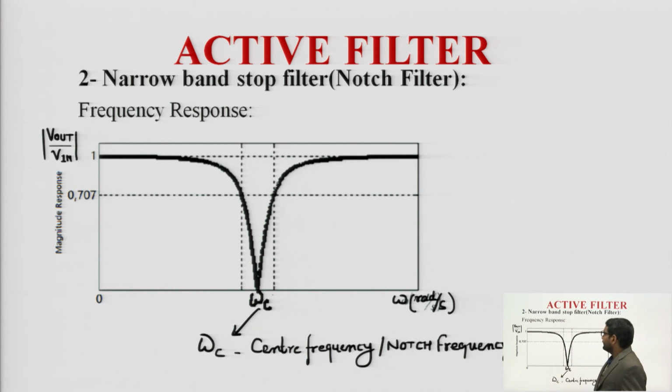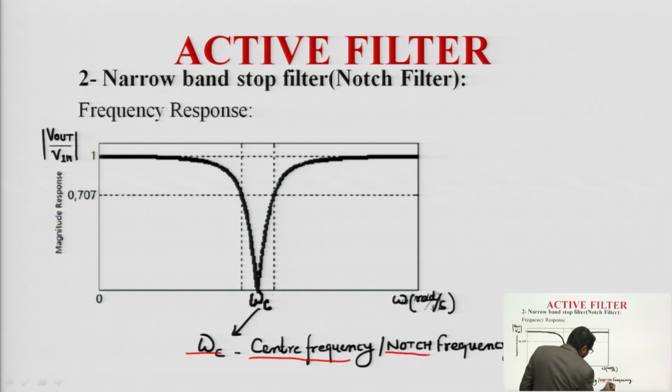Now, next the frequency response of a notch filter. If you consider a frequency response, it is used for the rejection of a single frequency. Okay. Here it rejects omega c, that is the center frequency, and we also call it the notch frequency.